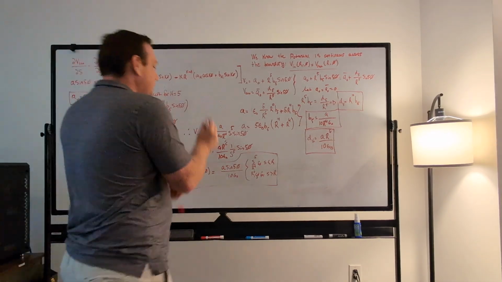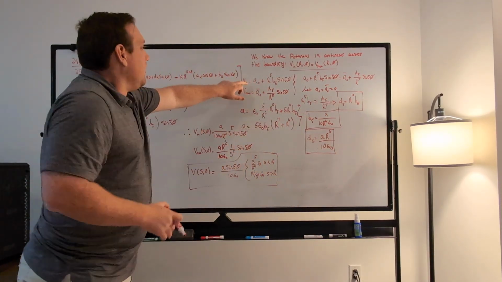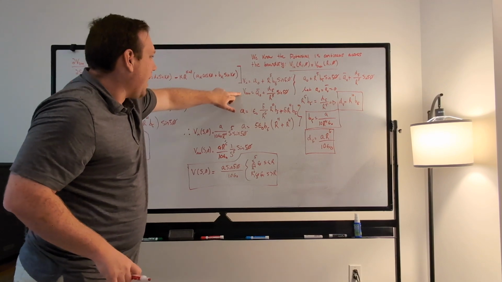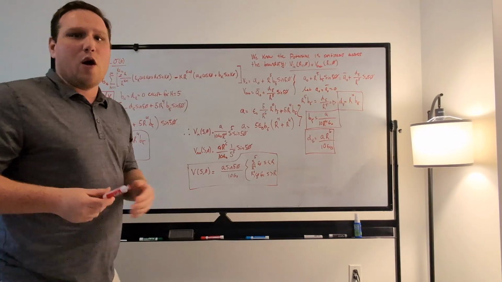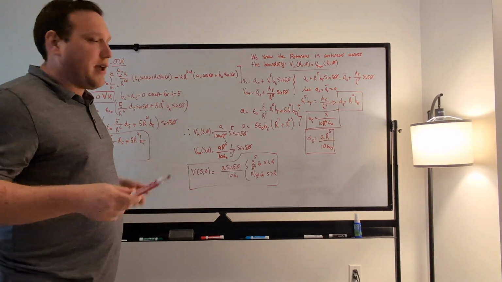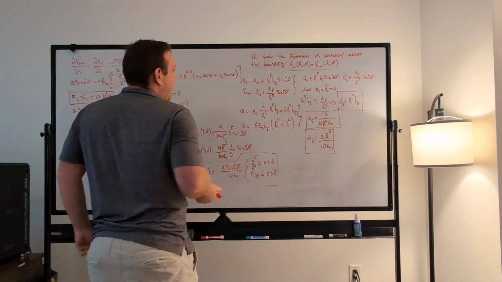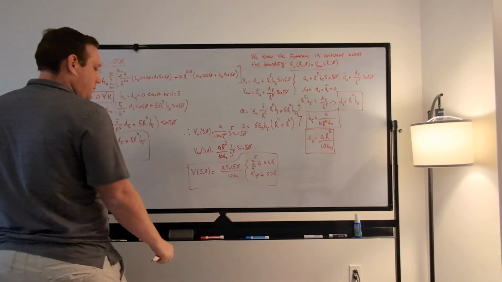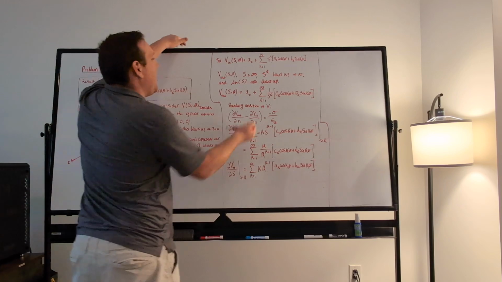Okay, so let's use this condition. So we're going to write V in and V out, but these have now been narrowed down, right? Because now we know we don't have a summation. We only have the fifth term in our summation. So we have V in is equal to A naught plus R to the fifth b sub 5 sine of 5 phi, right? And if you don't understand how we got that, we had this.